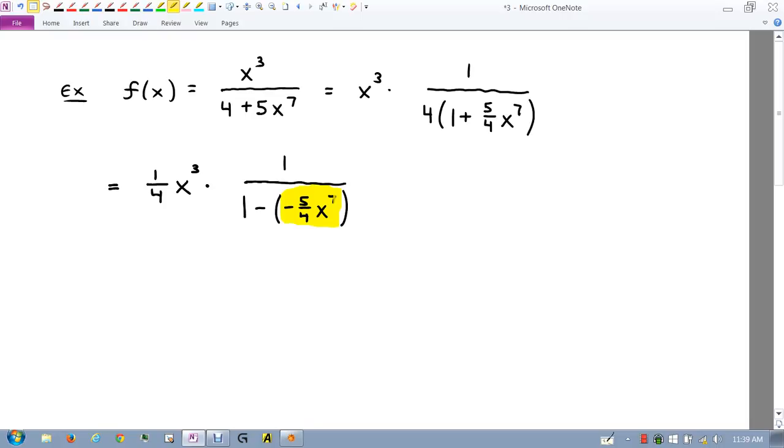I've got the 1 over 1 minus junk. So that should be equal to 1/4 x cubed times an infinite sum. Notice the 1/4 x cubed just comes out. It's okay to leave it out here, because the index is only affecting n, and this doesn't have an n in it, so I don't have to worry about it. And then here, this will reduce down to negative 5/4 x to the 7th to the nth power.